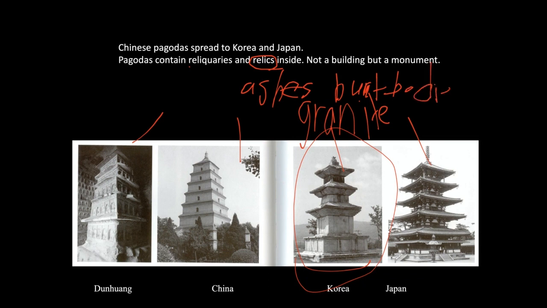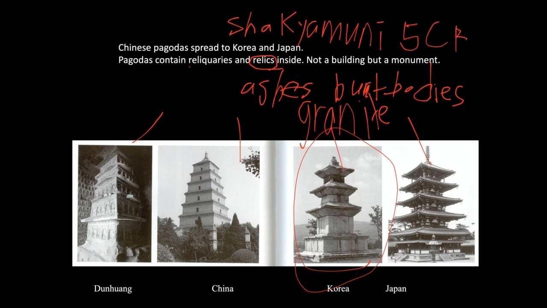So eminent Buddhist monks, when they die, of course, they are going to be burnt, and their ashes will be collected because they are precious. But really precious ones are Shakyamuni's ashes. And he died in the 5th century BCE, right? Such a long time ago. It's almost like 1,000 years before the Silla dynasty.